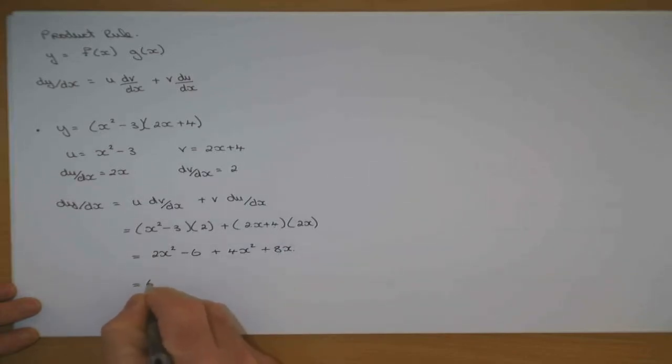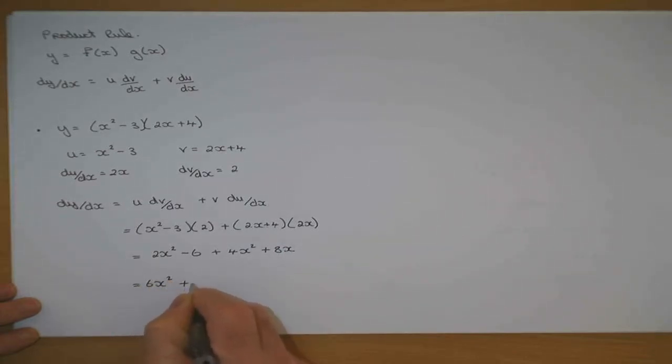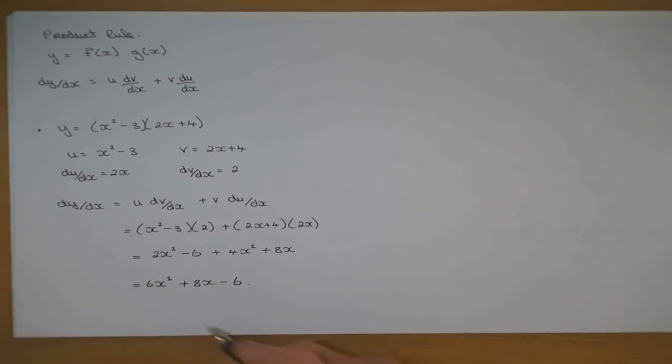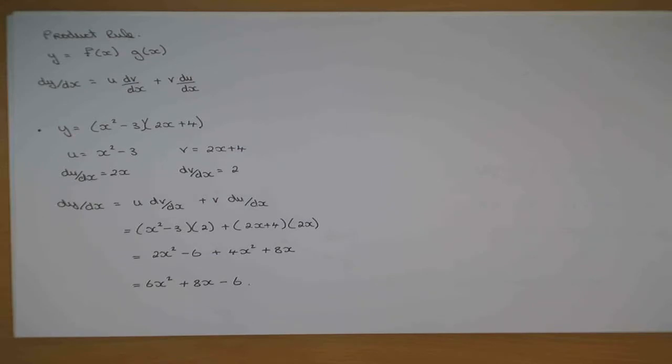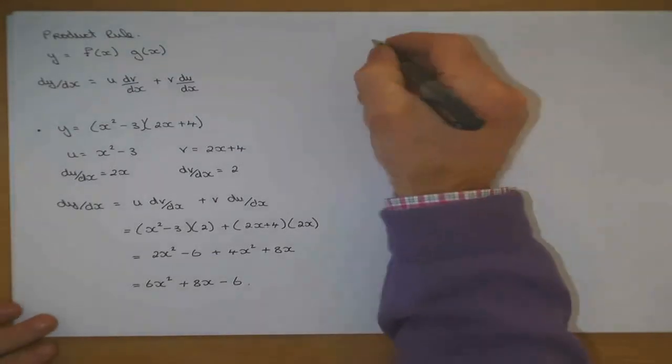So it turns out to be 6x squared plus 8x minus 6. Of course, that's the slope of the tangent to that curve also. So that's your product rule.